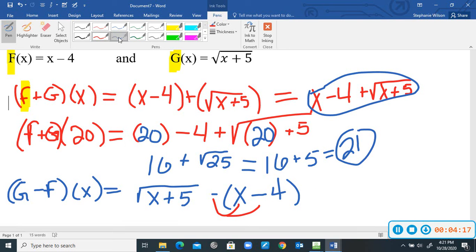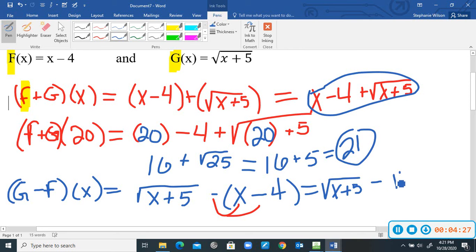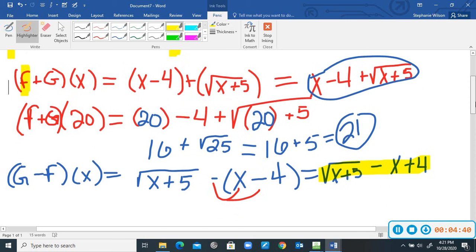I end up with the square root of X plus 5 minus X plus 4. And that would be my answer for G minus F. And we could switch the order and say F minus G, and that means we would have listed the F first and subtracted the G.